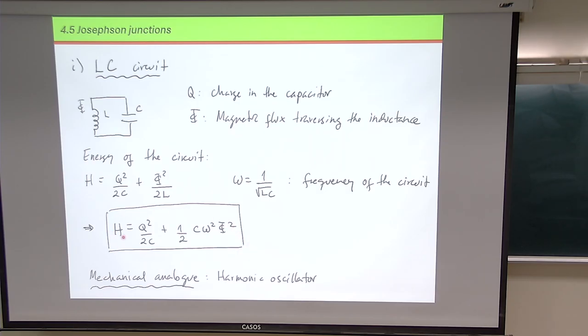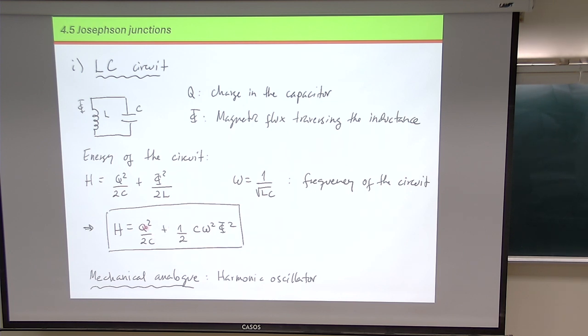If I make this circuit small and everything gets quantum effects, this will get quantized. So what does this Hamiltonian look like? It looks like a harmonic oscillator, no?